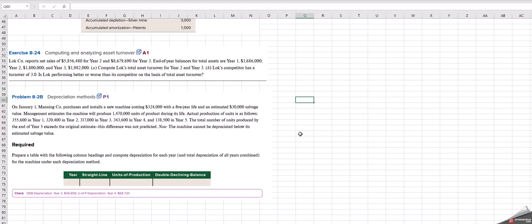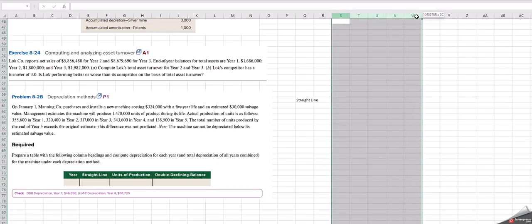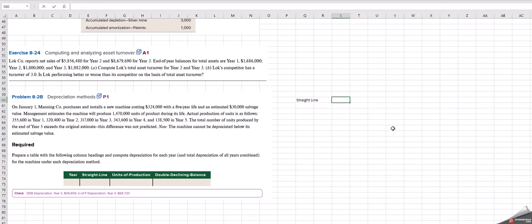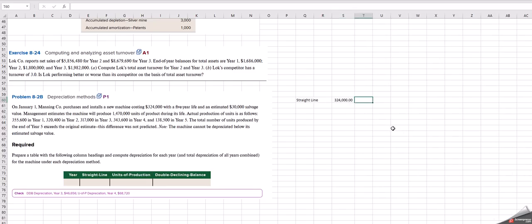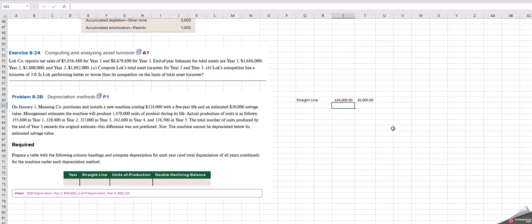So if we're doing our straight line, we've got the $324,000. We have a salvage value of $30,000, and then we have it going over 5 years.